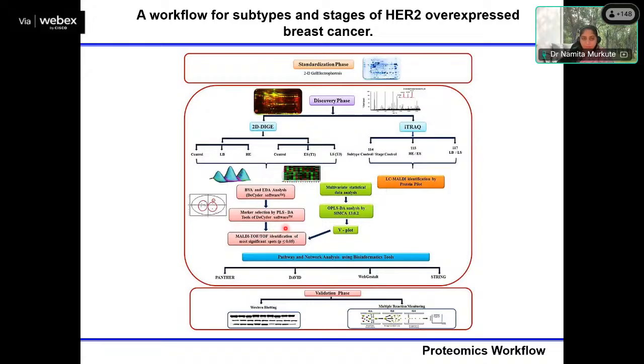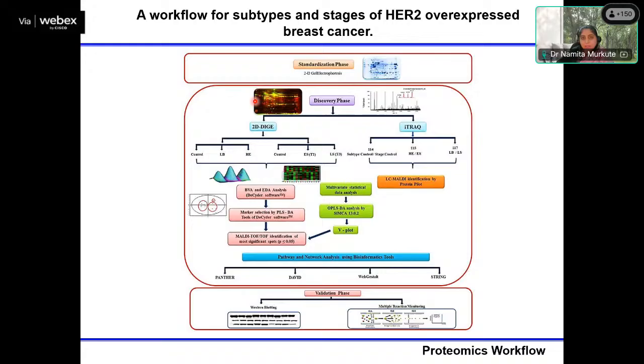So I have done first BB and EDA analysis. In my Daiichi techniques, the software comes along with it, which is called Decider software. In that I can do the BB EDA analysis, marker selection with PLSDA tool, and then again I have done it by Simca also, all these things.